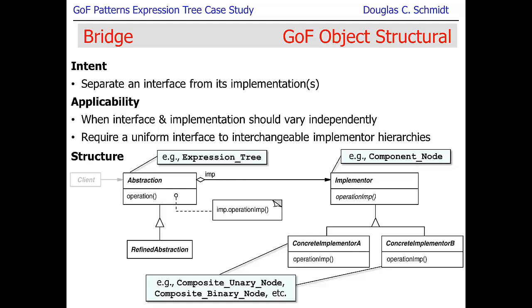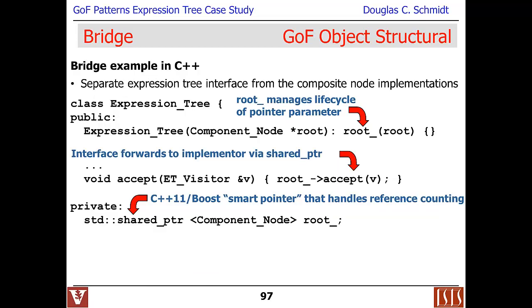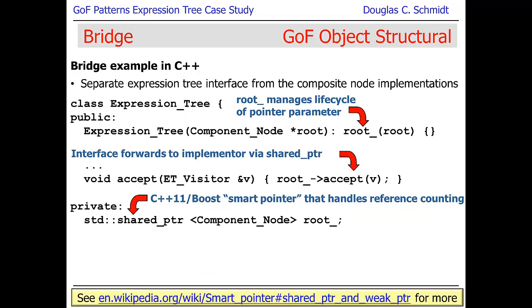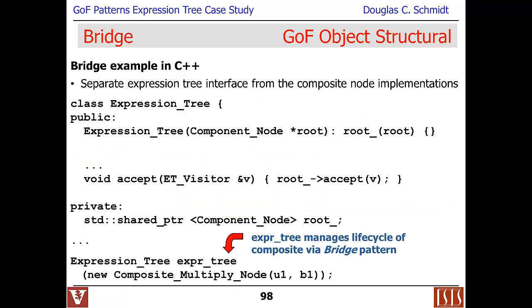And every method defined in the interface just goes ahead and forwards onto the implementation hierarchy through the bridge. This thing here is the bridge. So it's connecting those two things together. It connects the interface with the implementation. OK. You can take a look here, some links for more information about smart pointers and C++.